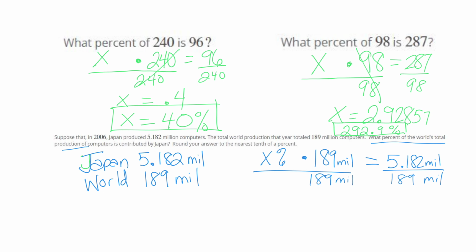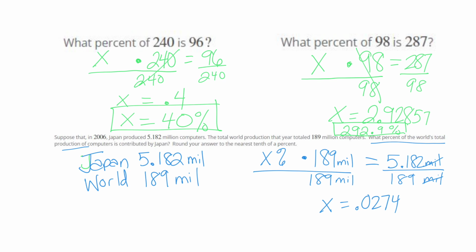So the million part is going to cancel out. If you'd added a bunch of zeros, it would have canceled out. So let's just type in our calculator 5.182 divided by 189, and I'm getting X to equal 0.0274, but that's my decimal version.